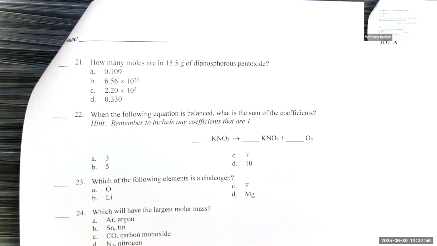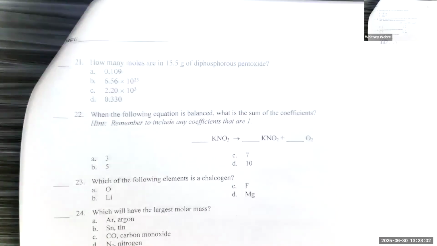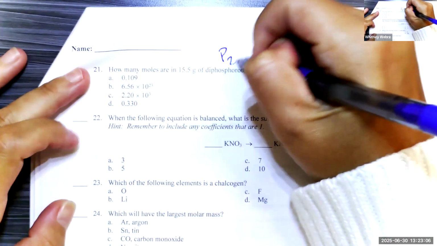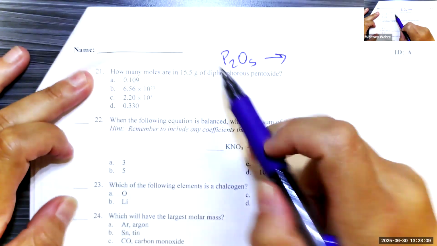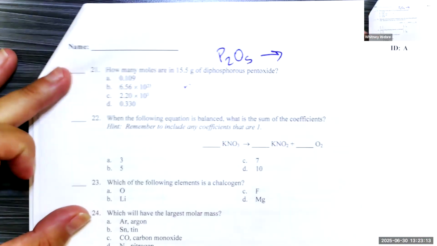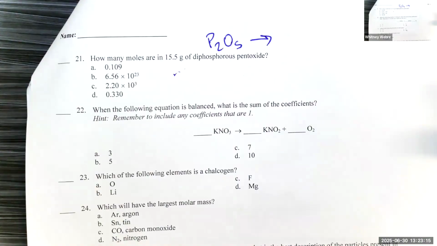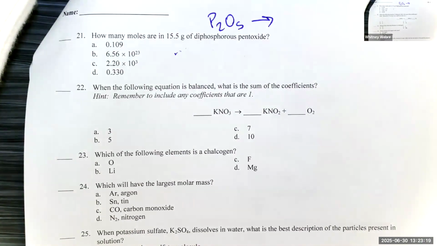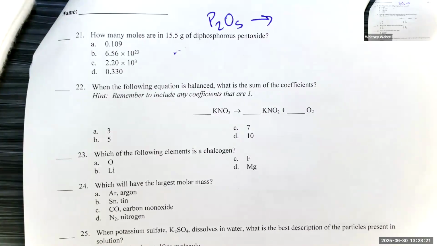How many moles are in 15.5 grams of diphosphorus pentoxide? What is diphosphorus pentoxide? All right, if it says grams of diphosphorus pentoxide, if I look at my periodic table of elements, or if I look at my mole triangle, I need the molecular weight.